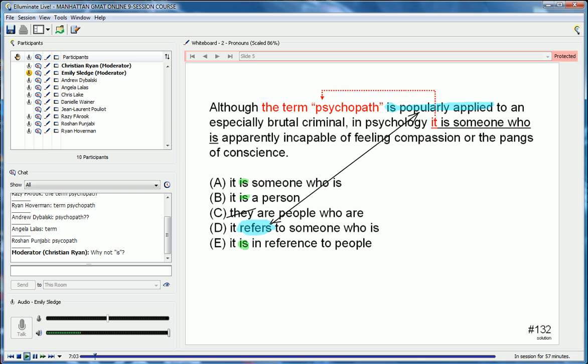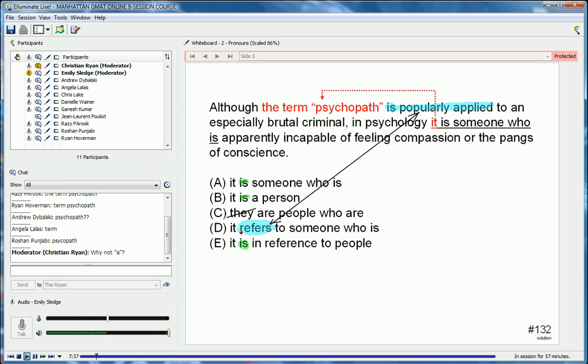All right, so you're on to something here, saying basically that if you are looking for parallelism between the two verbs, well, it's really not a matter of matching is to is, but really this whole verb is applied. It's something that you do with a term, and refers is also something that you do with a term, or that the term does. Yeah, so in terms of meaning and also in tense, these are actually parallel with present tense, both things that the term would do.